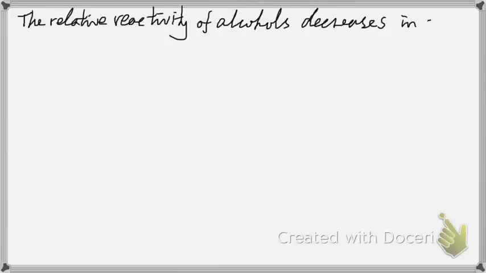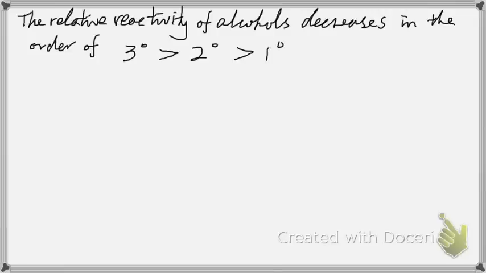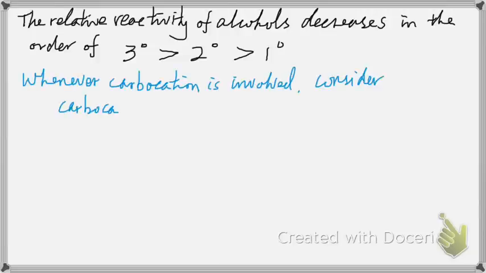The relative reactivity of alcohols decreases in the order of tertiary, secondary, to primary. This is because the tertiary carbocation forms faster, so tertiary alcohols react faster.